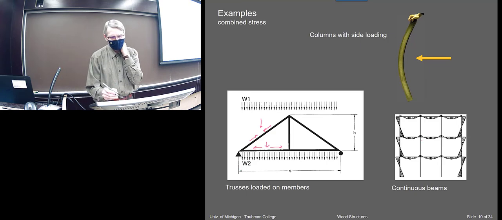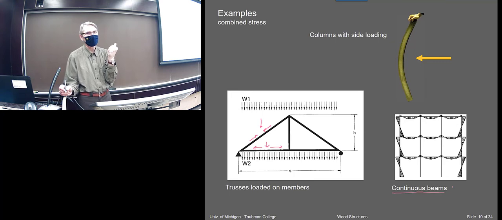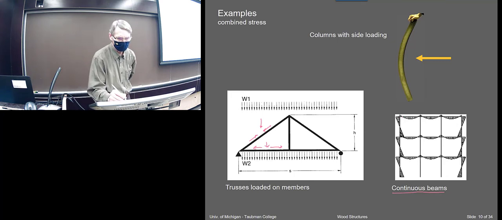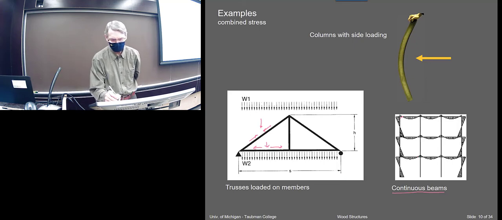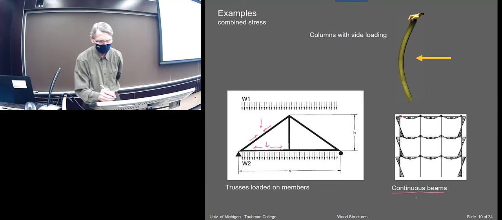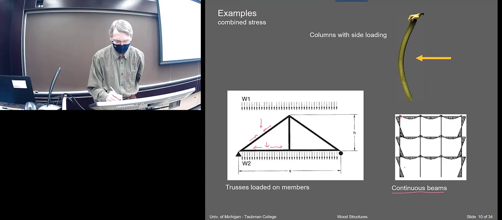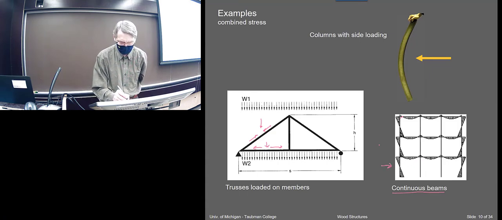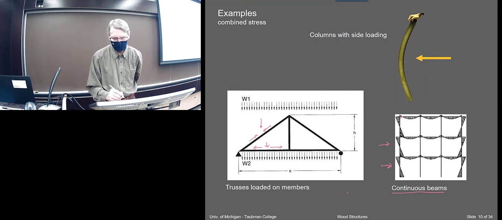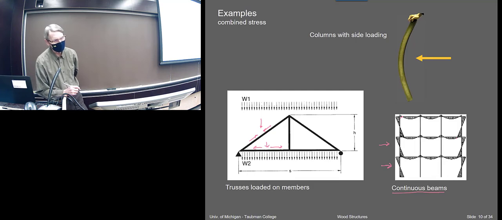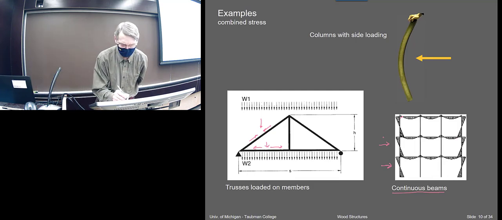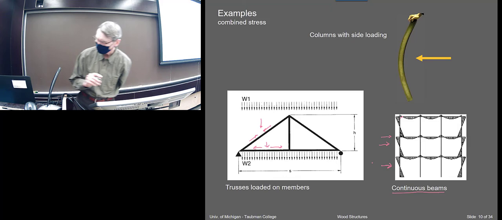Of course, in frames, it's a little less so for a wooden structure, because you don't usually have fixed joints, but you do have continuous members. I guess this diagram's about right. You have wind load on the exterior columns, and if those are continuous beams on the interior, you'd have bending from the wind load, and maybe a little bit of compression there.